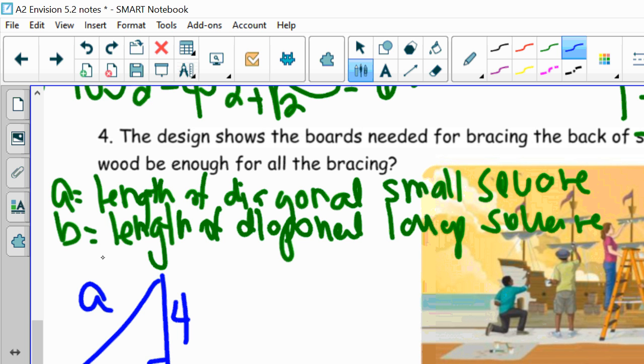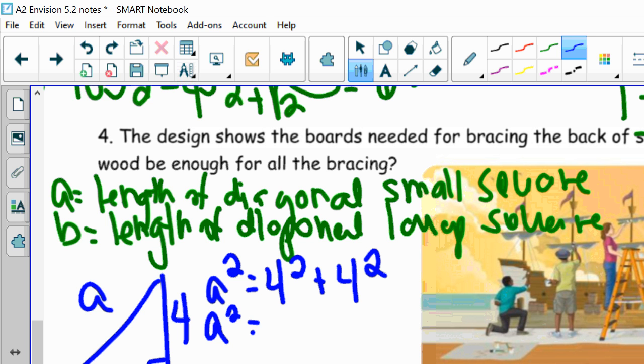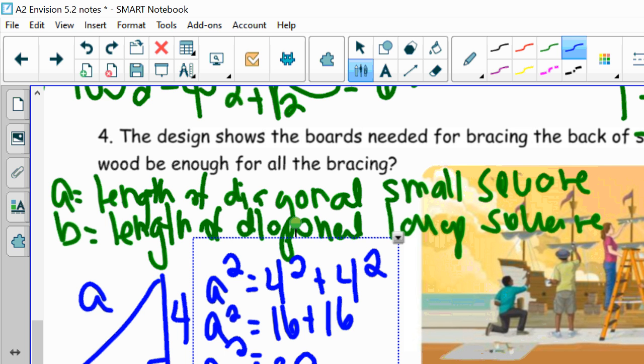So I'm just going to do the Pythagorean theorem. So I get A squared equals 4 squared plus 4 squared. So A squared equals 16 plus 16. A squared equals 32. Take the square root of both sides.